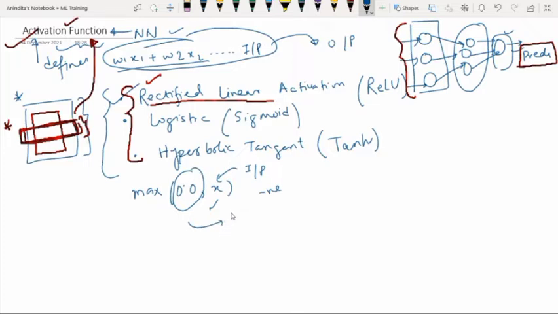The actual functionality of the ReLU function is, whenever you have two values, it will give you an output of the maximum of these two numbers. So whenever your input is negative, it will give you 0. So this is the functionality.